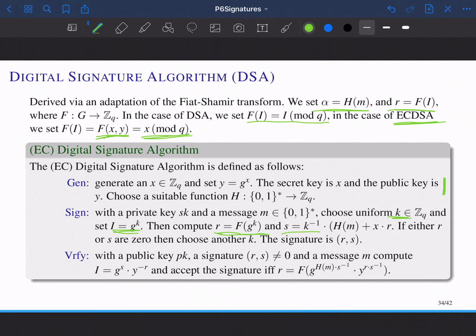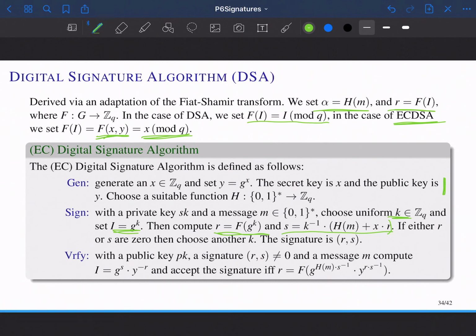And then s can just proceed as before. So there's a bracket missing here. So that's k inverse times (h of m plus x times r). If either of the resulting values r or s are 0, then we just have to try another k and see what r and s is. Once we have found an r and s which is non-zero, then we have got a valid signature.